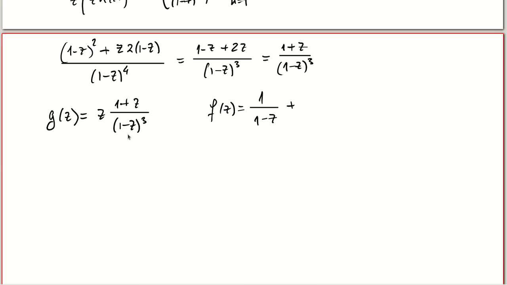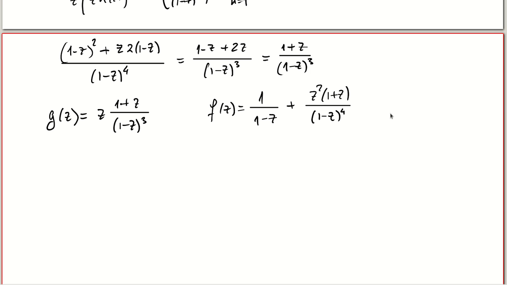And if we do that here, what we have is z^2(1 + z) over (1 − z)^4. So this is our function, and now what we have to do is to expand this.